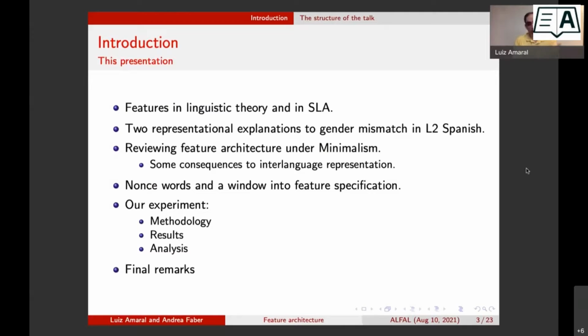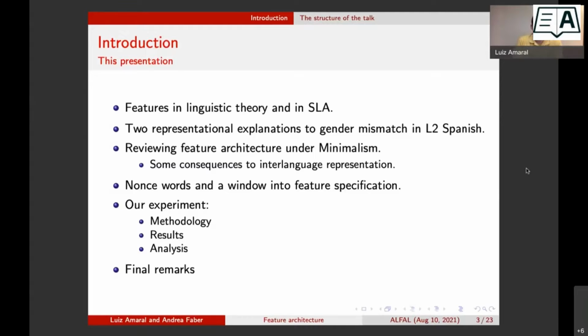Because one of the explanations, which we're going to sort of disagree with, and in order to propose a way to look at feature, we're going to propose to use feature reassembly as it's being proposed by Lardiere and others.